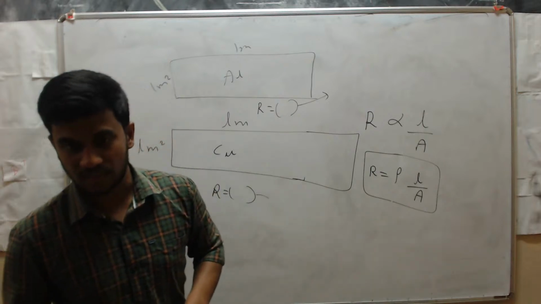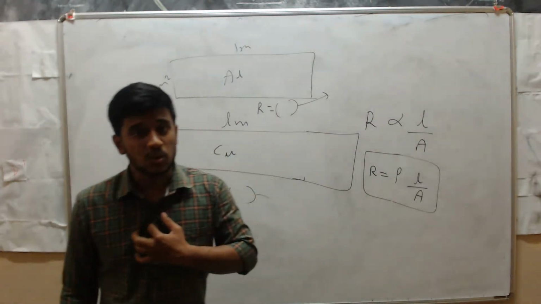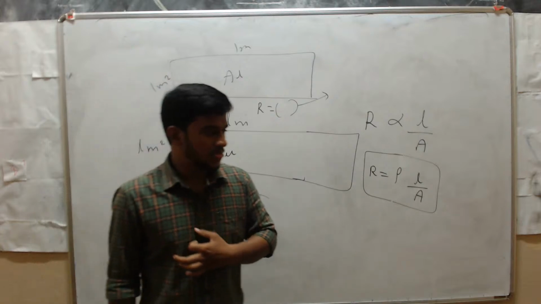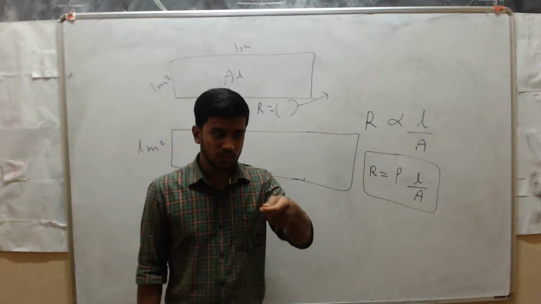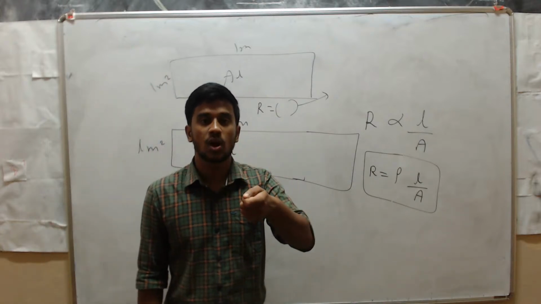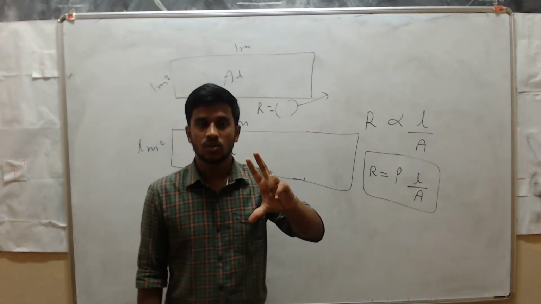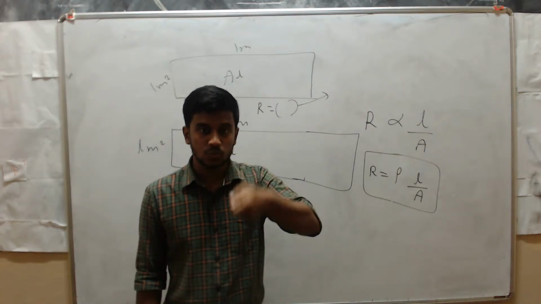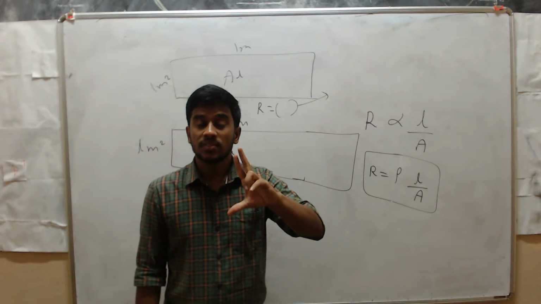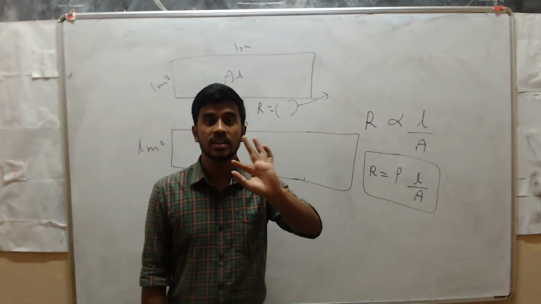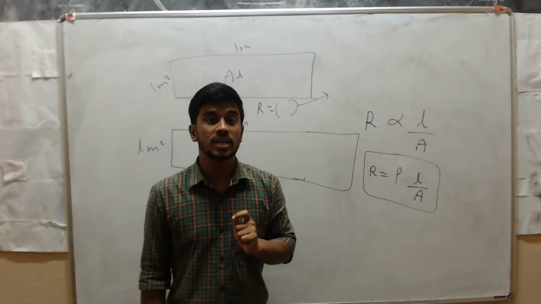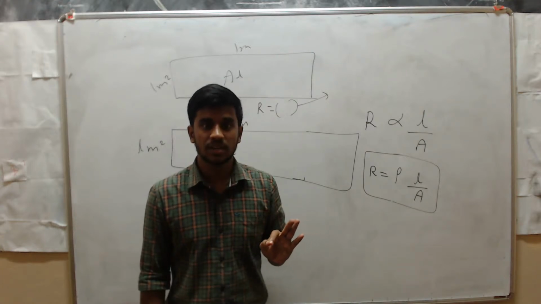Take one simple example. Sharbat. Just imagine, if you taste that sharbat in a spoon or in a cup, the quantity is different in a spoon and a cup, but what about the taste? The taste is the same, right?